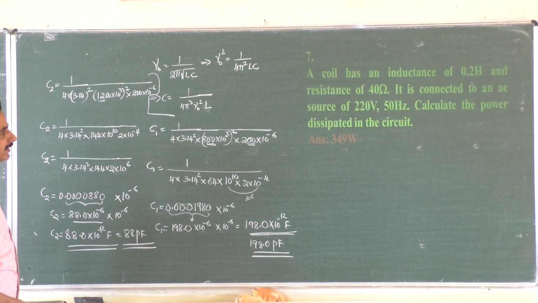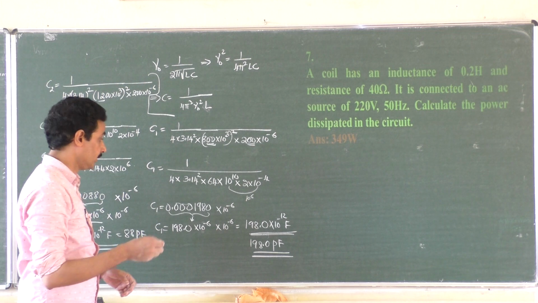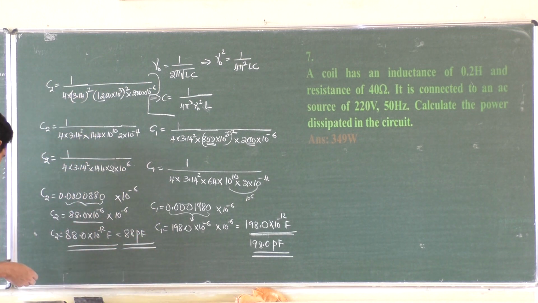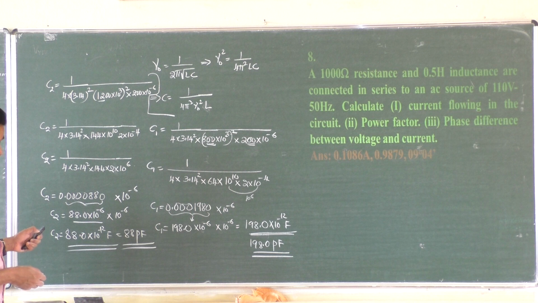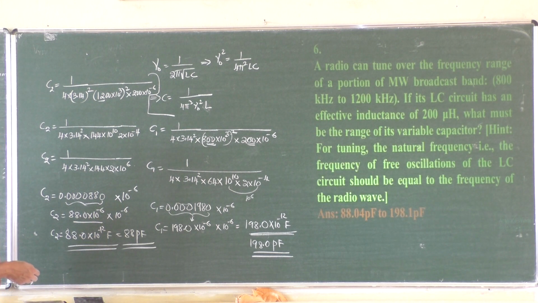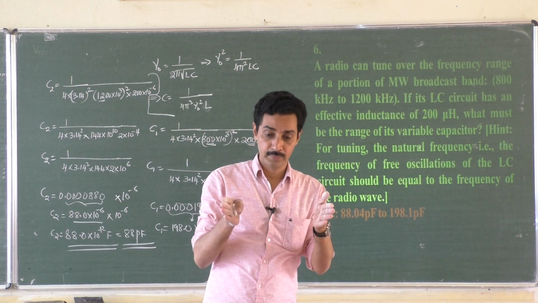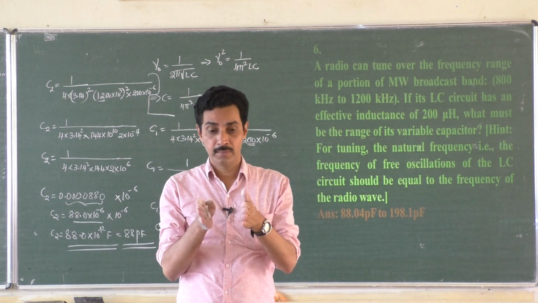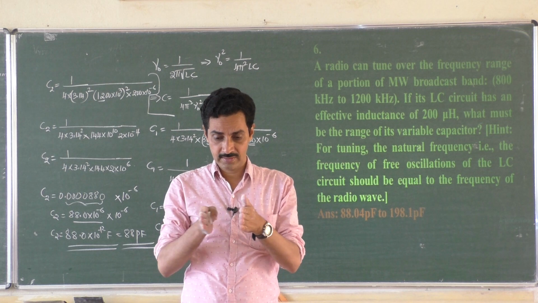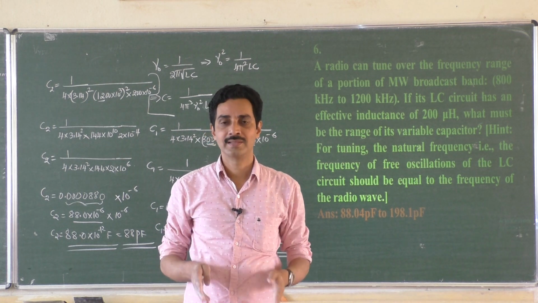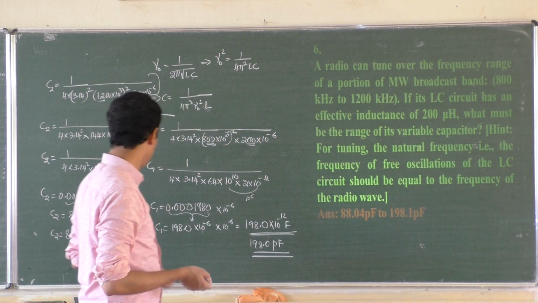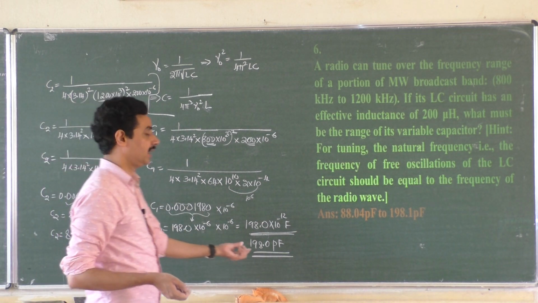A coil has an inductance of 0.2 Henry. In the previous problem, one thing I would add: the plates of the capacitor should be moving from one region to another. That means they should move through a distance such that the capacitance varies from 88 picofarad to 198 picofarad.